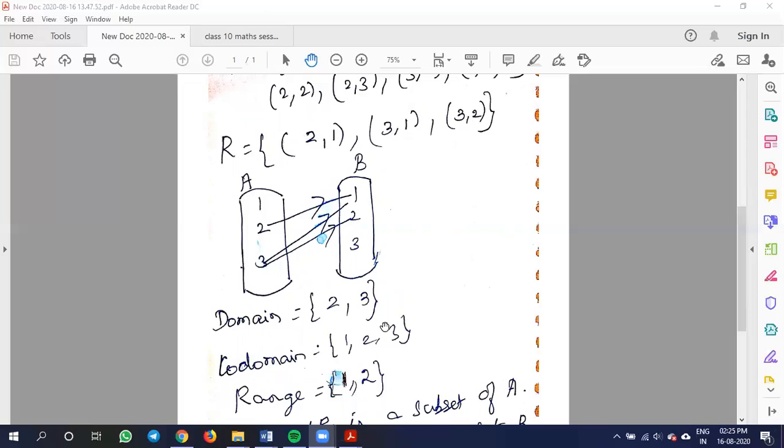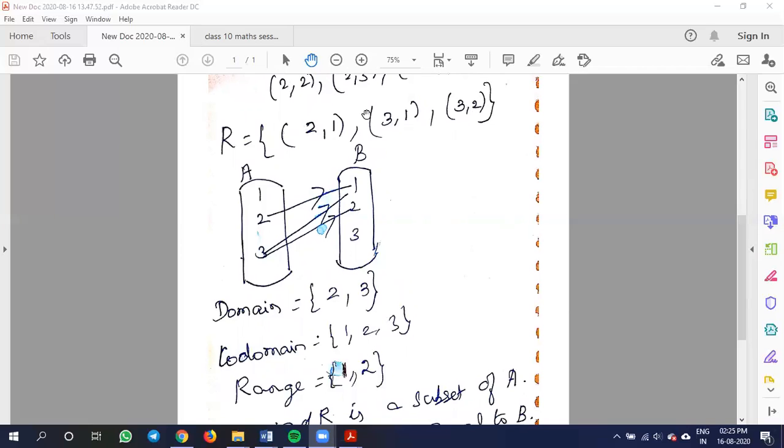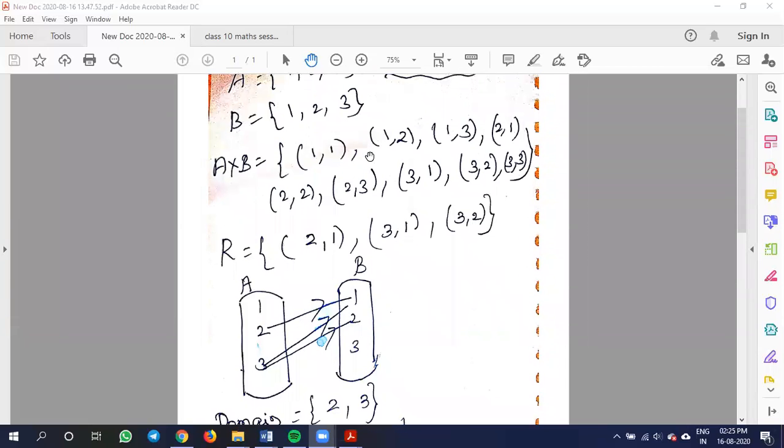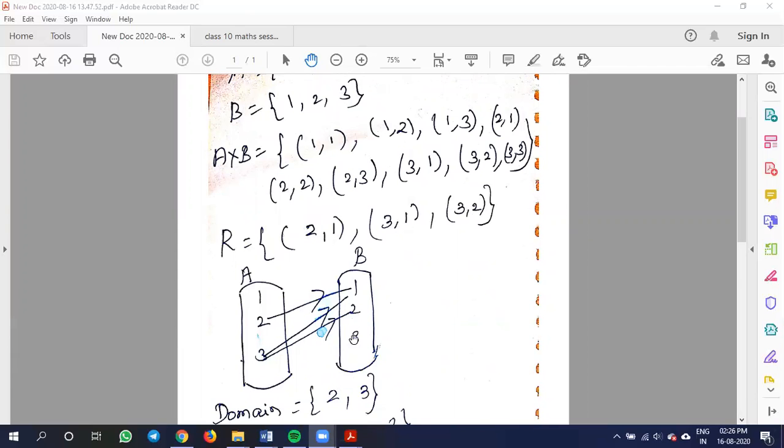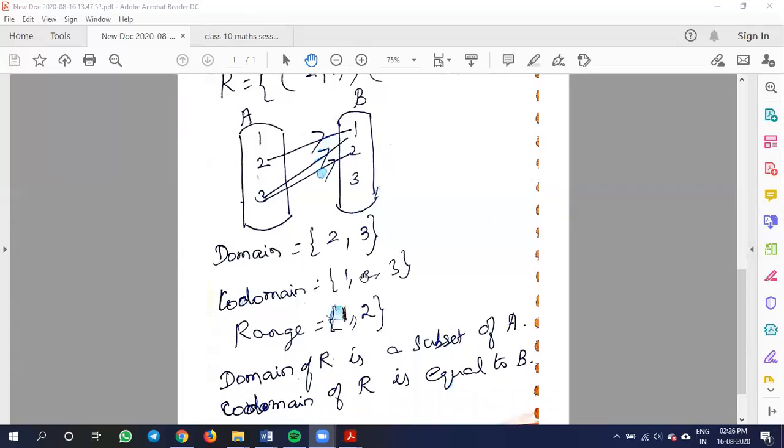For finding the codomain, you have to write all the elements of B. In the Cartesian product we are taking two sets, so you have to see the second set B and write all its elements. That is called the codomain.